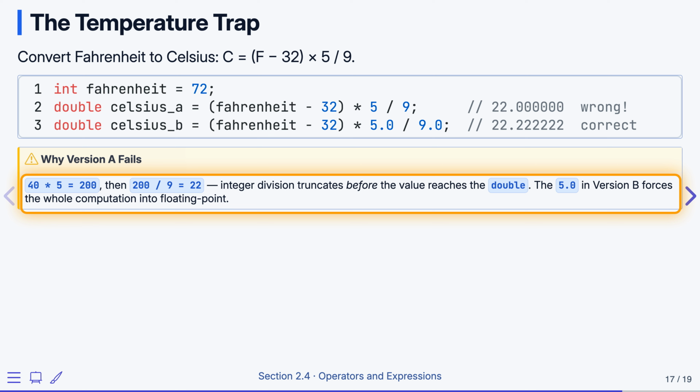Then 200 divided by 9 is integer division, which truncates to 22. The decimal part is gone before it ever reaches the double variable. Version B writes 5.0 and 9.0. That forces the whole calculation into floating point, and you get 22.222, the correct answer.